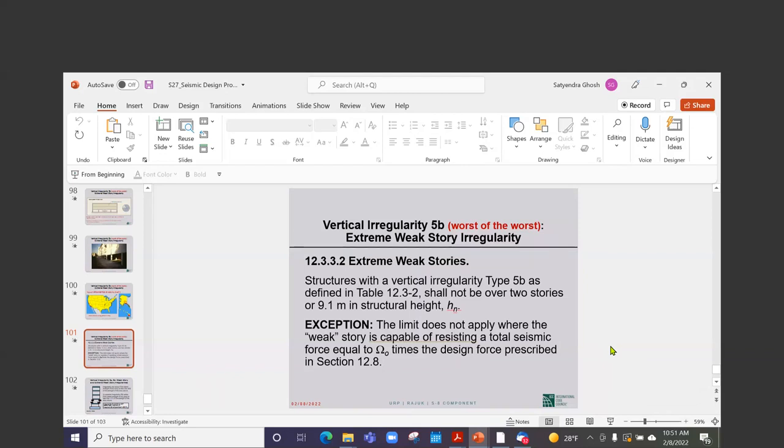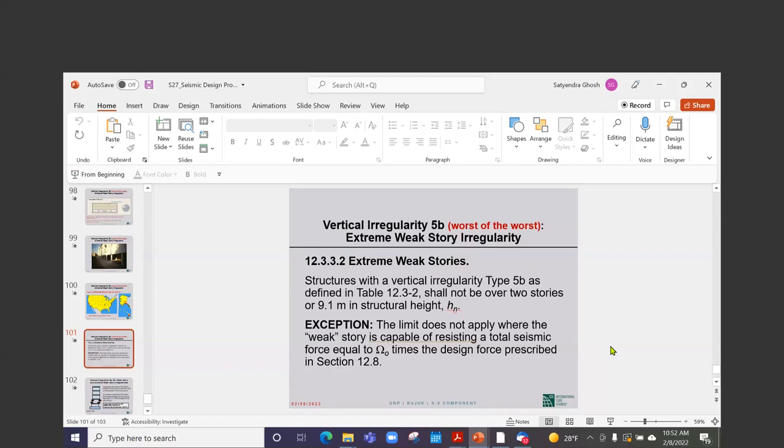But the entire load path that takes the amplified forces down to the ground also has to be designed using the load combinations with the overstrength factors. So the columns that support the transfer girder, the column to transfer girder connection, let us say the columns are ground story columns, so the column to foundation connection.